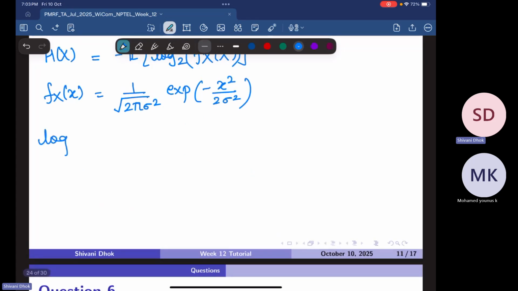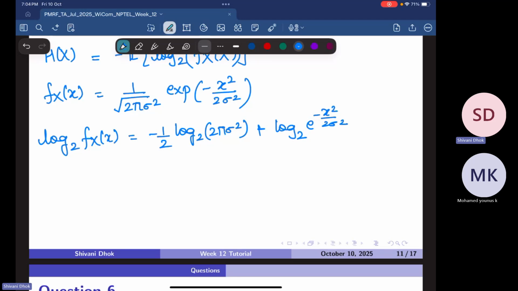So now if I take log to the base 2 of fx of x, this will give me minus half of log to the base 2 of 2 pi sigma square minus x square by 2 sigma square log of e to the base 2.